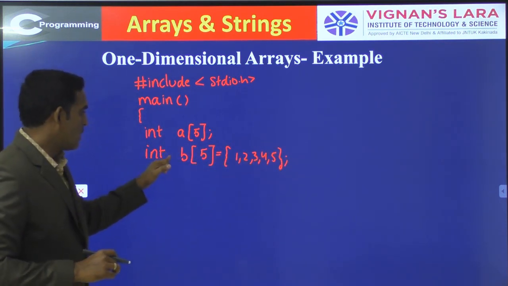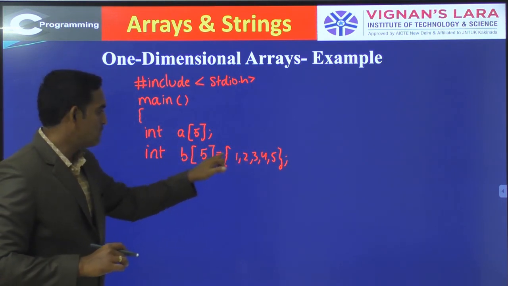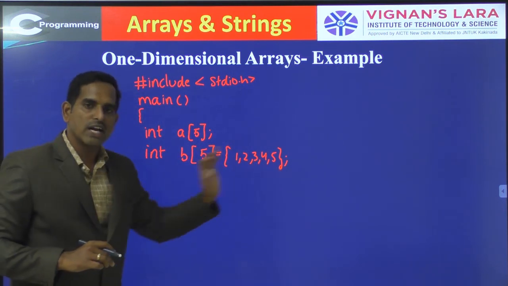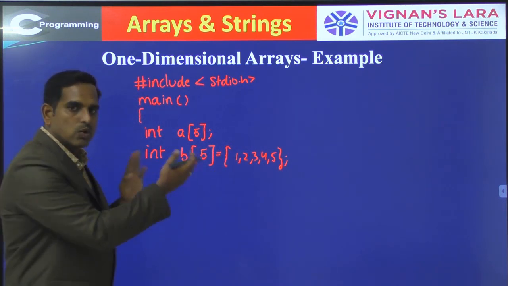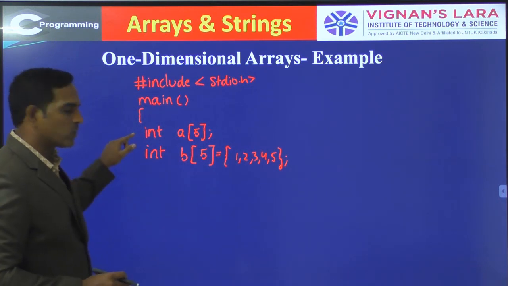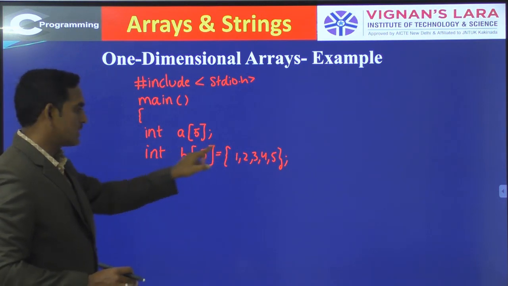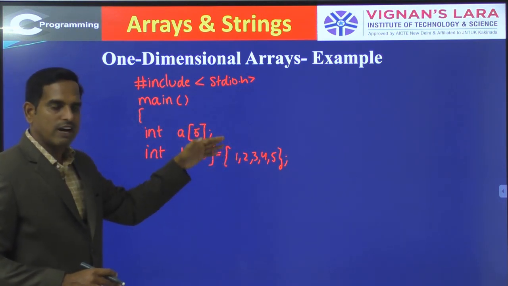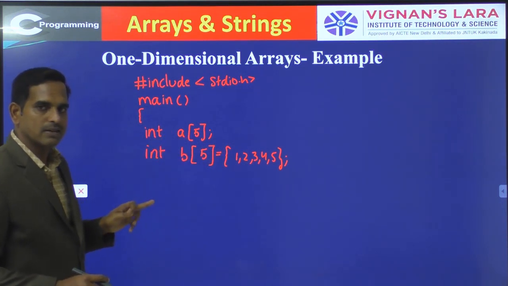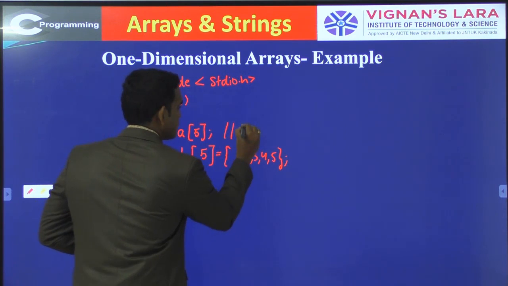That is, now B of 0 will contain 1, B of 1 will contain 2, B of 2 will contain 3, B of 3 will contain 4 and B of 4 will contain 5. So that is how you are initializing your array while declaring itself. This is one way of declaration, and this is another way of declaration where you are not giving values here, but you are giving values here. This is the initialization part. Okay, so this is the first part, that is the declaration.